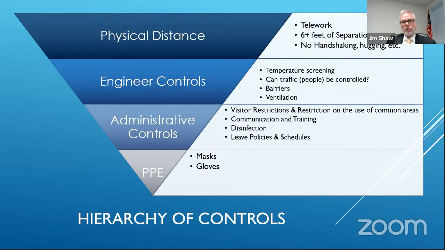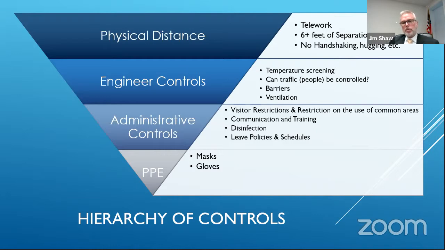The types of administrative controls that we can imagine we'll have in place would be restrictions on visitors to public buildings, and restrictions on the use of common areas. And so a lot of our meetings we will continue to do remotely, or we'll encourage people to do business with the city, either by telephone, by email, by Zoom meeting, by online services, or whatever they may be.